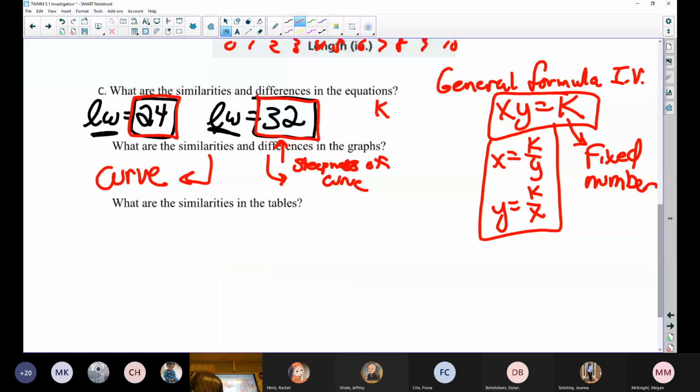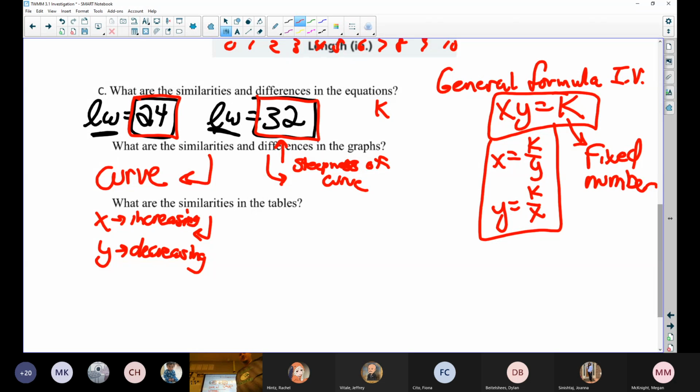Similarities in the table, okay? So remember, one variable is always increasing. The other variable will always be decreasing. Okay? That's the only way you're going to get it to go down.